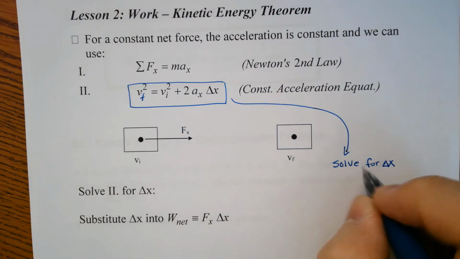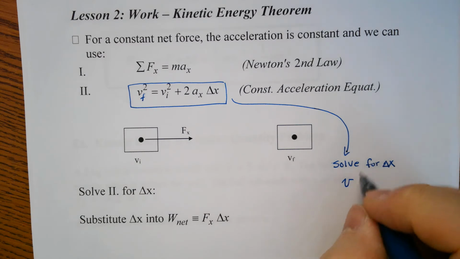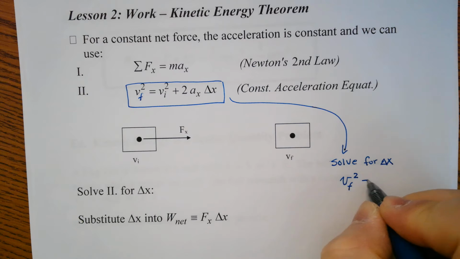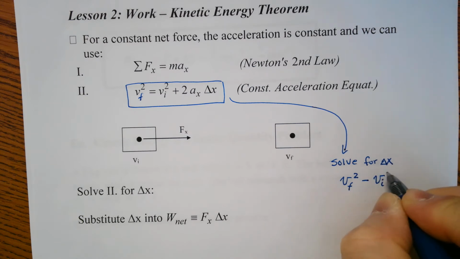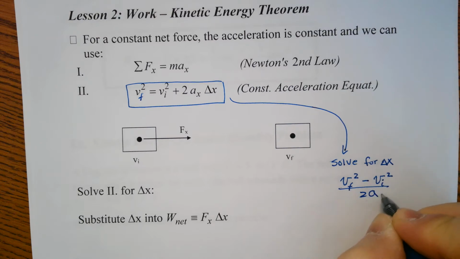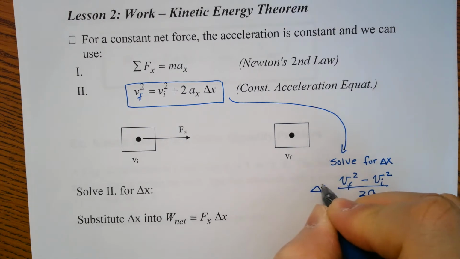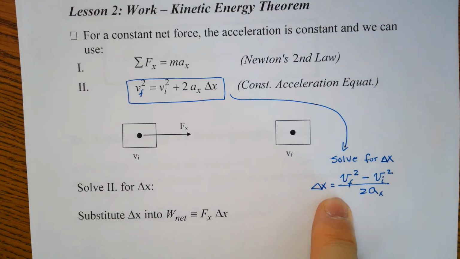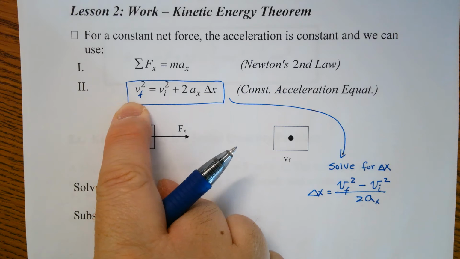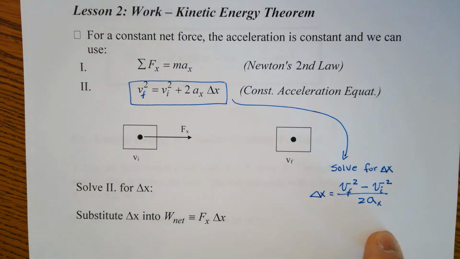Then we have Vf squared minus Vi squared over 2a is my delta x. I hope that you guys can see that. Because if I subtract this to the other side, I get negative Vi squared. Then divide that by 2ax.